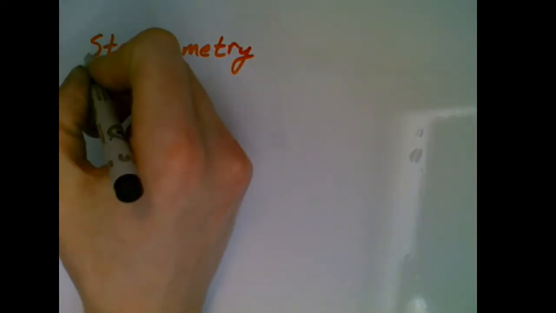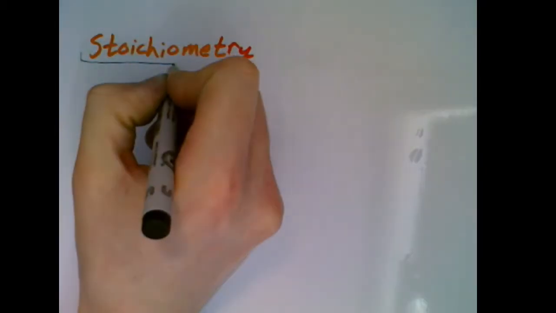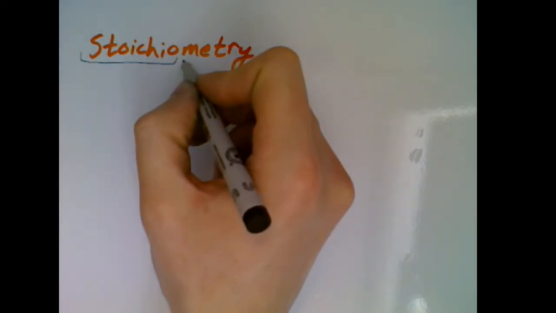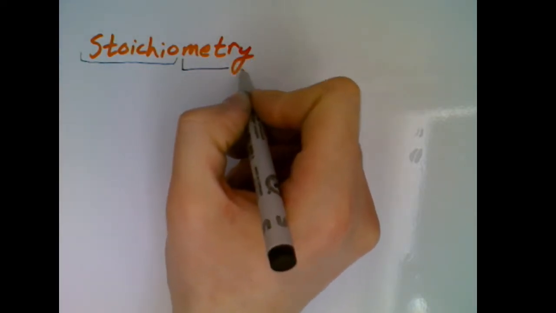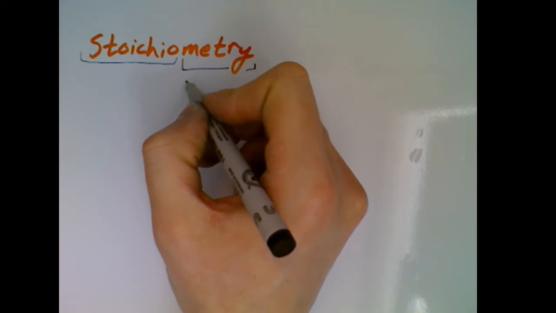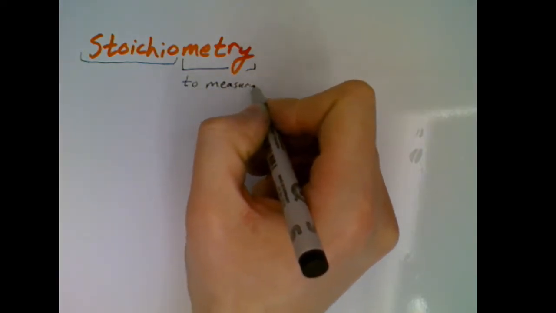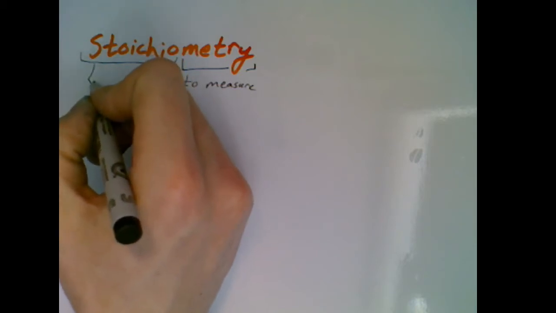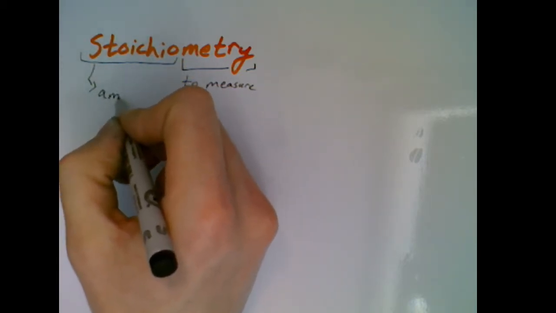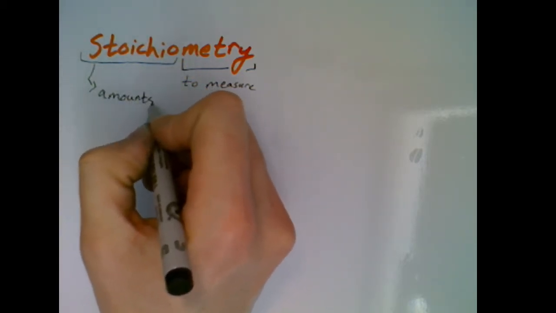So, stoichiometry actually just comes from two different terms. It comes from stoichio and metry. Metry means to measure. And stoichio is about amounts.